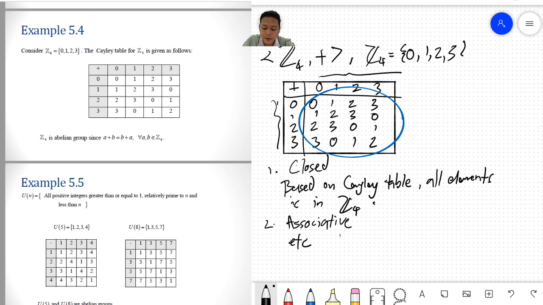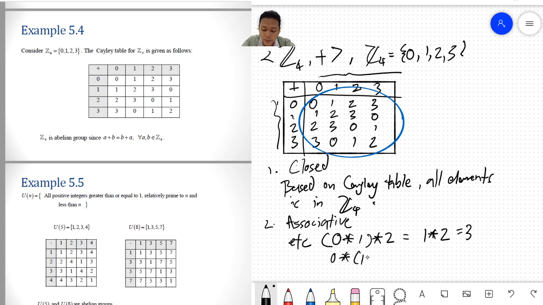For example, if I take 0 binary operation with 1 with 2, you take 0, 1 first here. 0 plus 1 mod 4 becomes 1. And then binary operation with 2, 1, 2 here. It will become 3. 3 mod 4 is 3. You get 3.